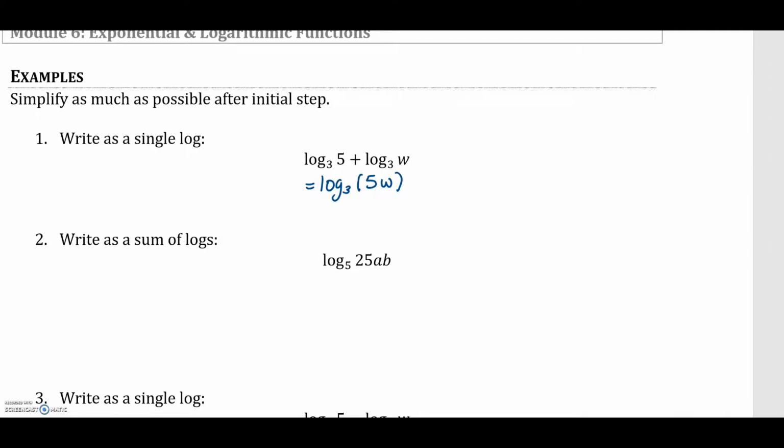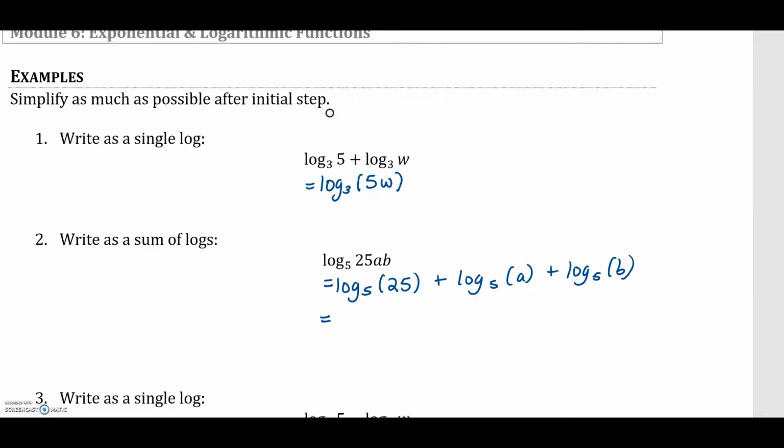Example 2, we now have a single log, so log of base 5 of 25 times a times b, and we want to write this as a sum of logs. Okay, so we have the product of 25a as well as b, and we can expand this out using logs of the same base, so log of base 5 of 25 plus log of base 5 of a plus log of base 5 of b.